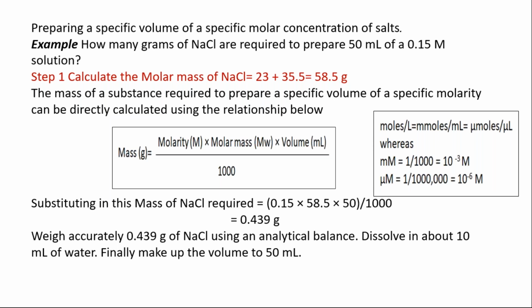However, millimolar is 10 to the power of minus 3 molar, and micromolar is 10 to the power of minus 6 molar. So look at what concentrations you have been asked to make, and accordingly make the solutions.